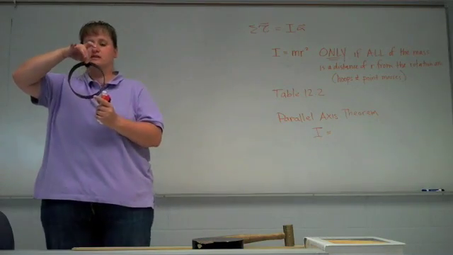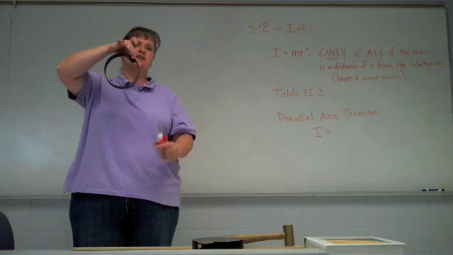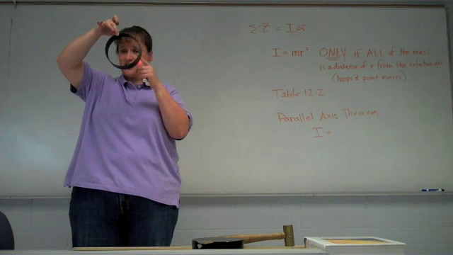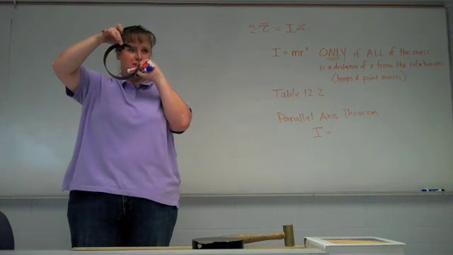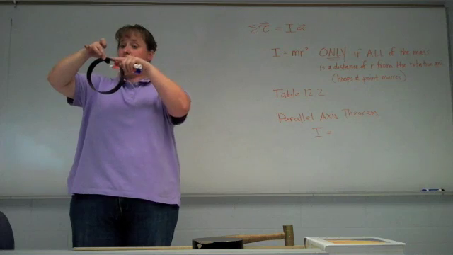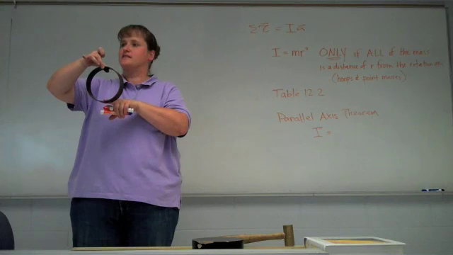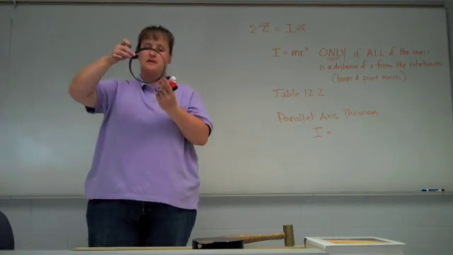Do you expect the moment of inertia to be bigger or smaller with my finger on the outside edge here compared to the one that was in the middle? Bigger. The mass, on average, is now located even further away from the rotation axis. So the moment of inertia will be bigger.